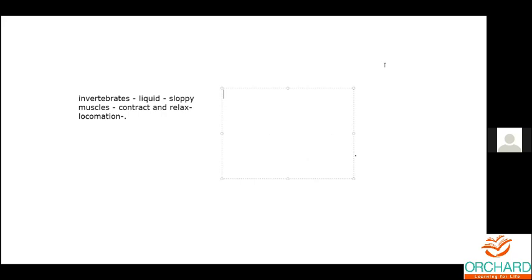How many pairs of tentacles are present? Very good. They have two. And what is the body part involved in locomotion? Very good, the belly. Along with the belly, what else?